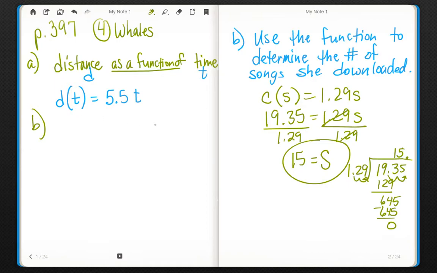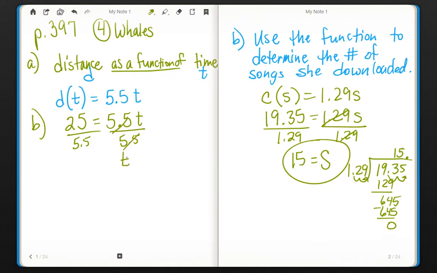So that actually is like the other one. We'll plug that in. 25 miles is our distance. But it said we want to find how long. We don't know the time. So 25 equals 5.5 t. All right, so we'll solve for t, divide both sides by 5.5.